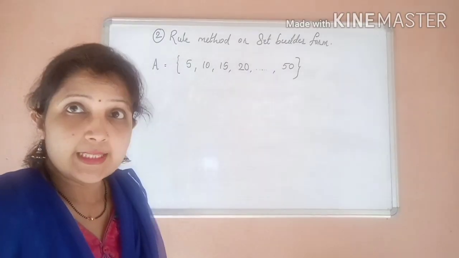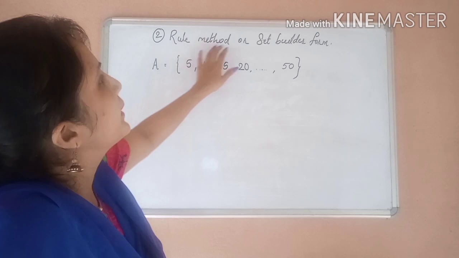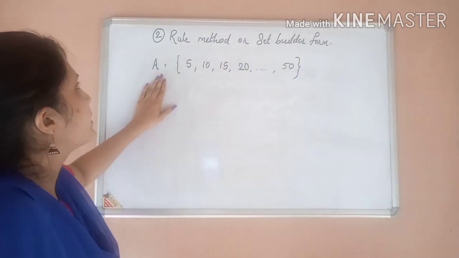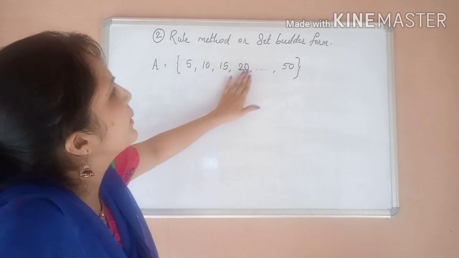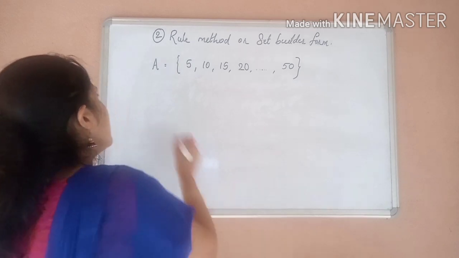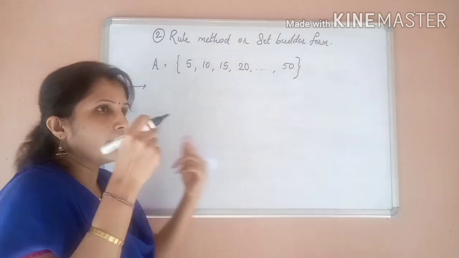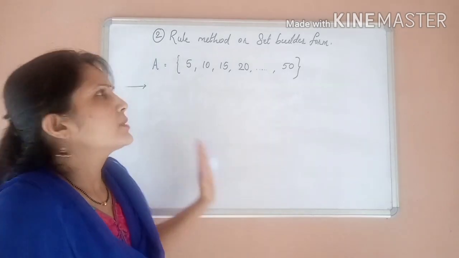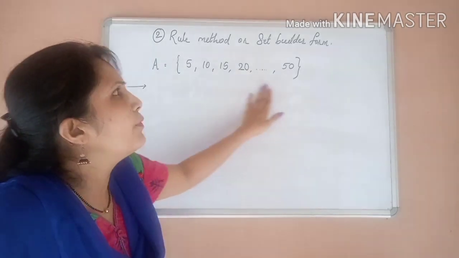Okay, the next method is rule method or set builder form. The question is A is equal to 5, 10, 15, 20, so on till 50. Now, once the question is given, you have to think how exactly we can write it. First thing, state the type of the numbers.